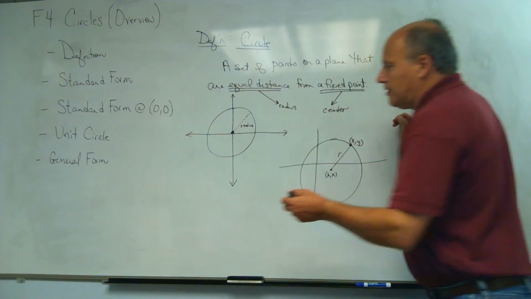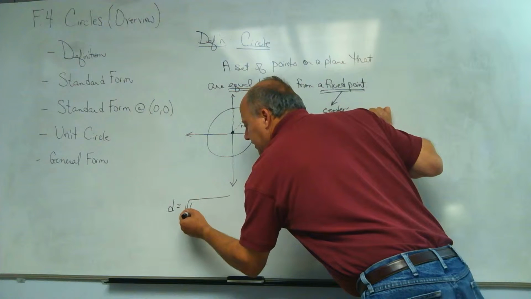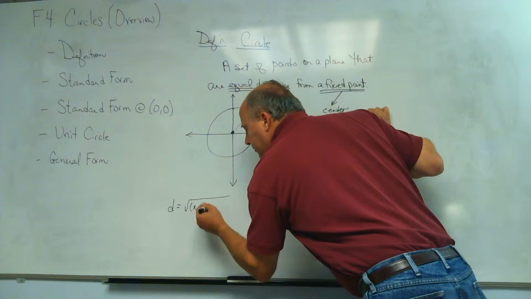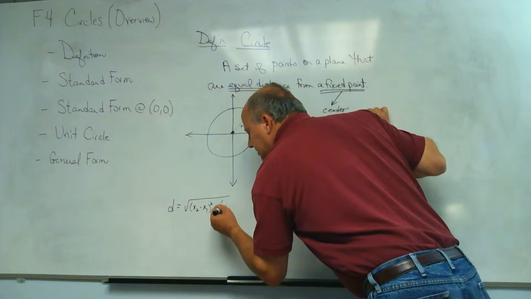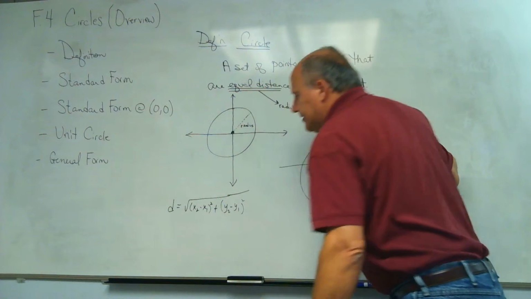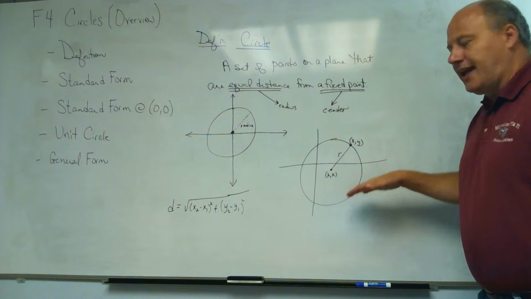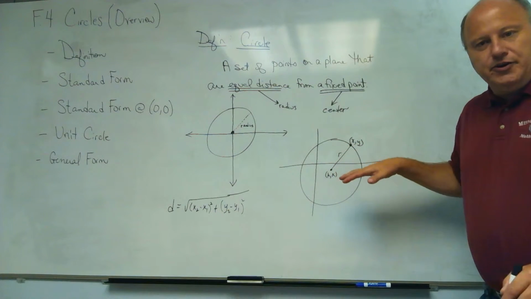Well, the distance formula is going to be distance equals the square root of the difference of the x coordinates, remember from F1, plus the difference of the y coordinates. And so since I'm not using x1, x2 here, I'm using x's and h's and k's, I'll use that format.